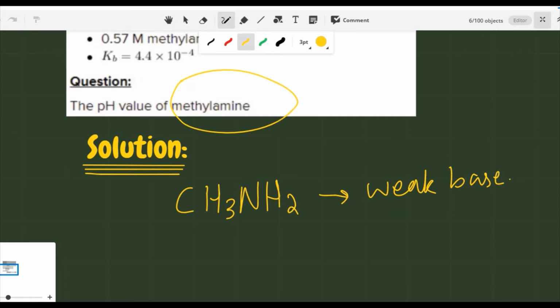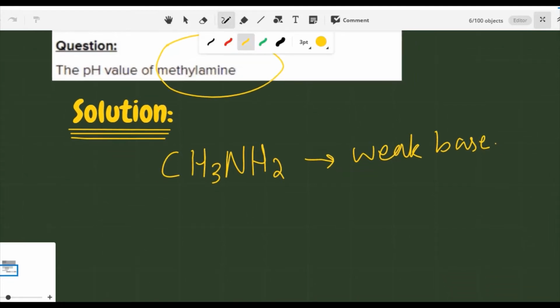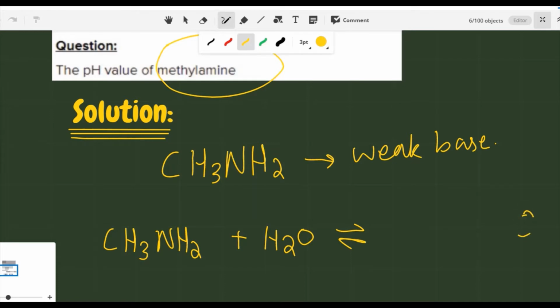When a weak base like CH3NH2 reacts with water, it produces its conjugate acid and hydroxide ions. So here we have hydroxide ions and the conjugate acid, CH3NH3.